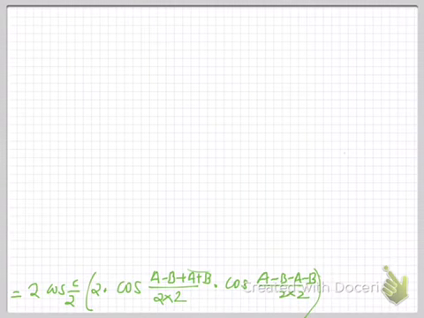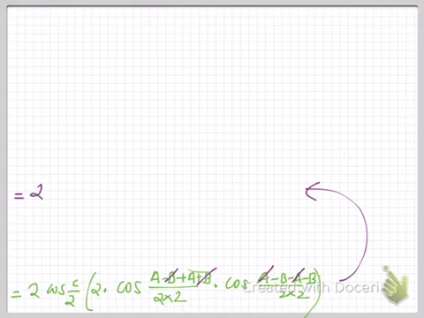Here we can cancel negative B and positive B, and then positive A and negative A. After that, what we have is 2 cos C by 2 dot 2 dot cos, A plus A is 2A, so 2A divided by 4 is simply cos A by 2.